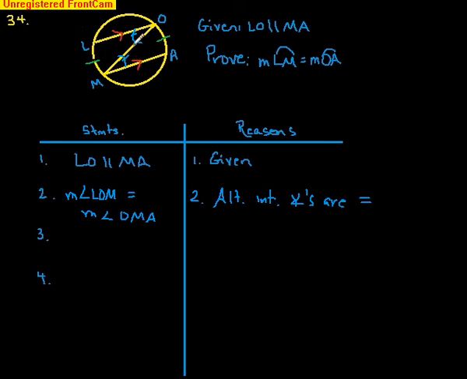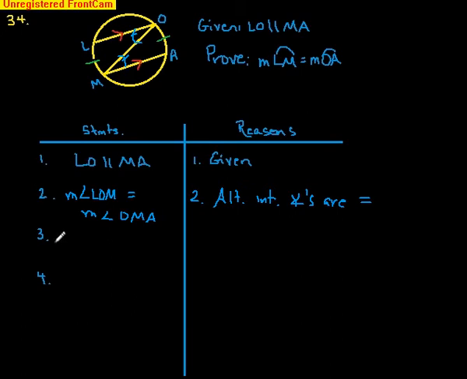Now we have these two angles are equal. From this lesson, we have a corollary that says inscribed angles that intercept the same arc or equal arcs are equal. So we can use that one. For step 3, we can say, oh, that's not how we're going to go about it.